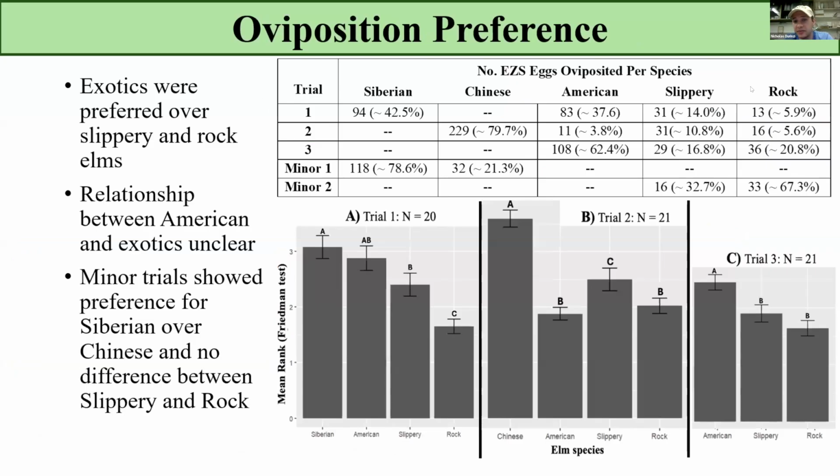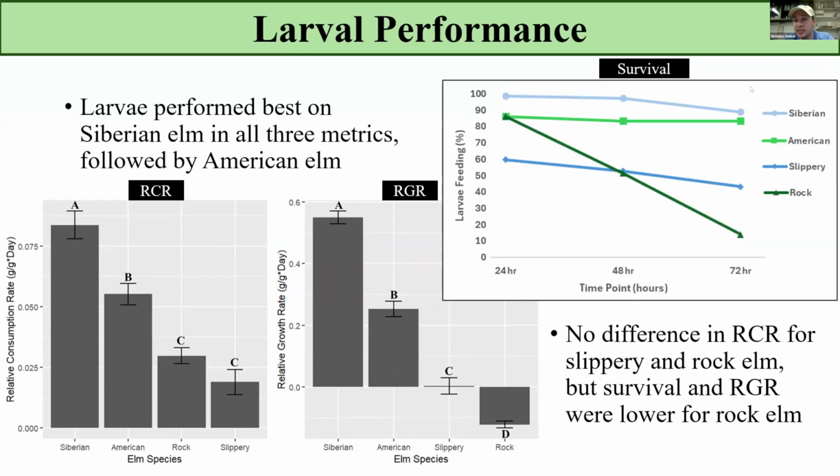And again, they were definitely not preferred in the preference studies, which is maybe an indication that it's really just going to be American elm that is heavily impacted by this species, while slippery and rock elm, which again are less abundant, may get away here.